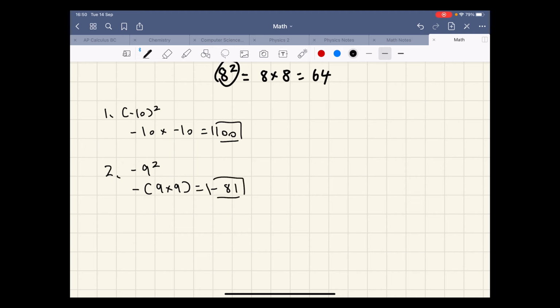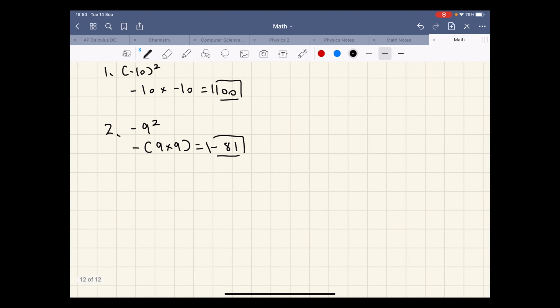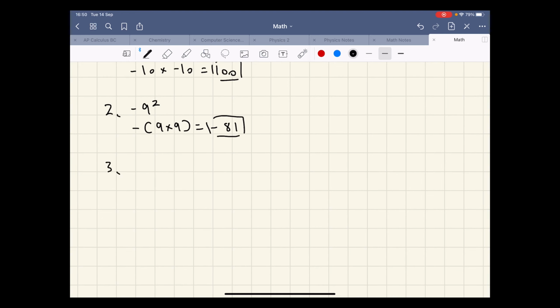If the parenthesis does not include the negative sign, then the answer will always just add a negative sign. So if you look at this one, it's 9 times 9, 81, and you add a negative sign outside, which becomes negative 81.